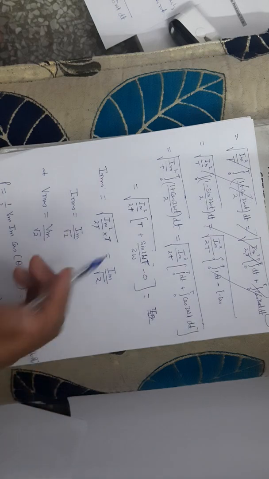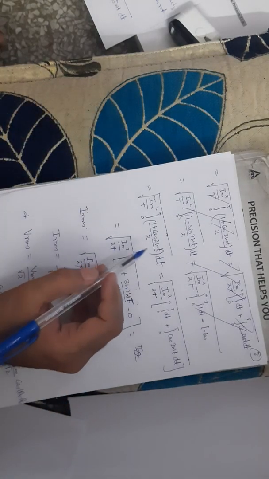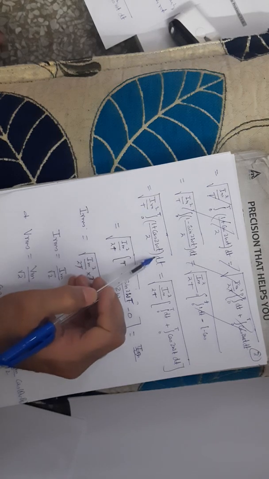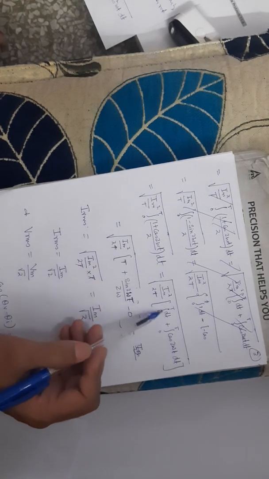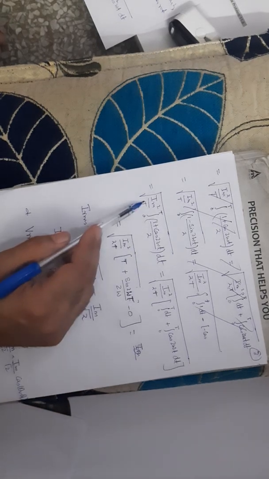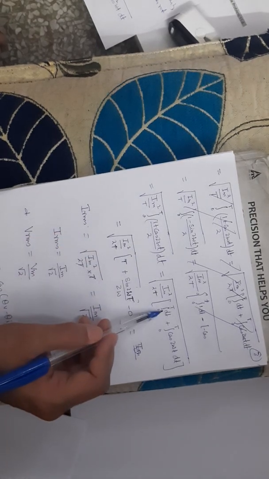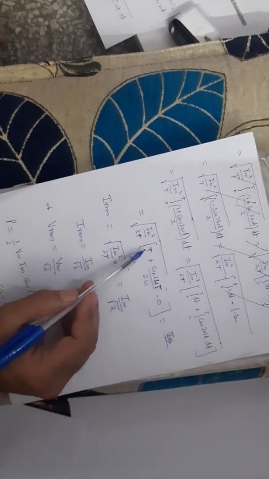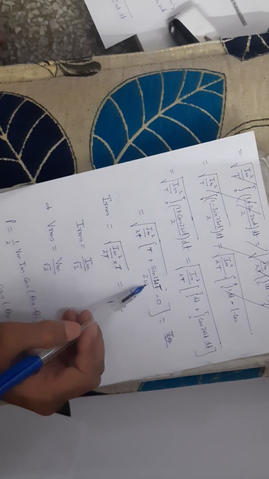Then we know that cos square theta is equal to 1 plus cos 2 theta by 2. So I will get this term here. Now I will take the 2 outside, and I am left with the integration of the constant plus the integration of cos 2 omega t. After solving, I will get T and sine 2 omega t by 2 omega.